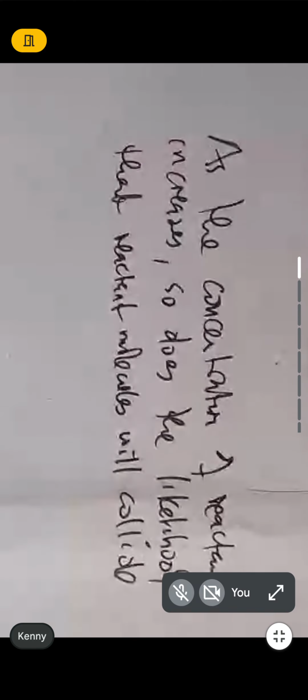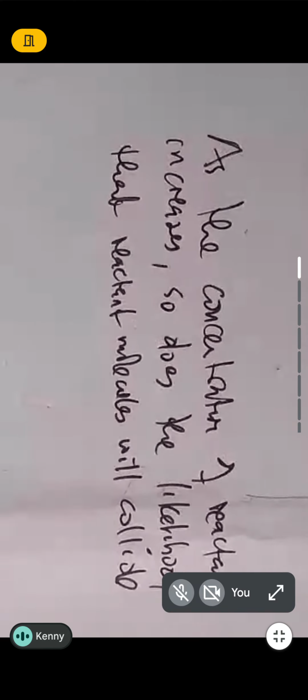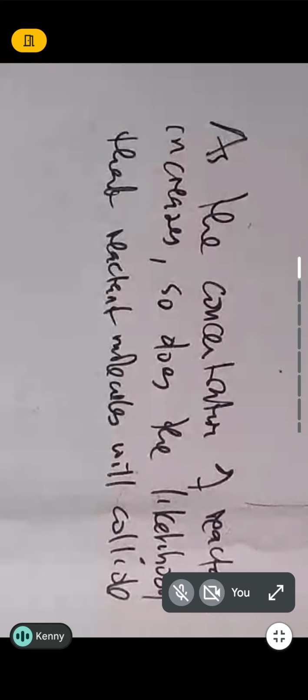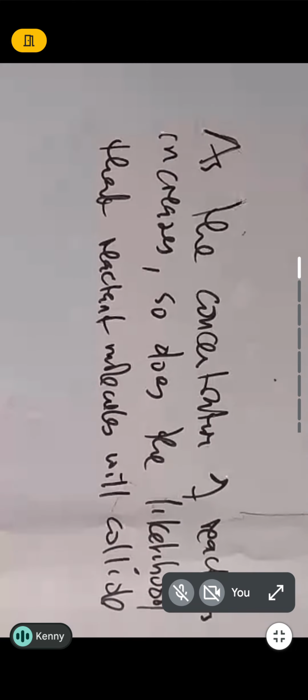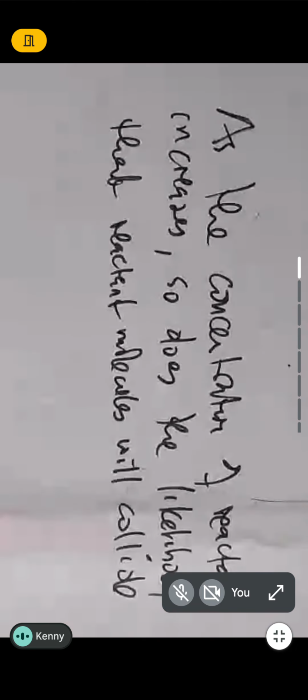Okay, I'm sure it's clear now. So that's about the concentration of the reactants.